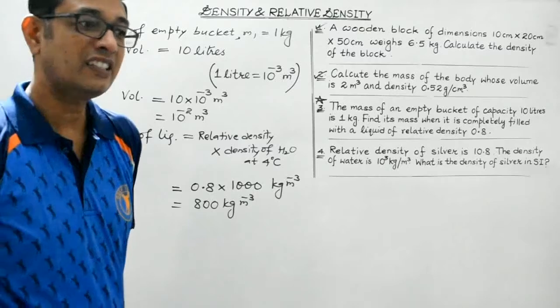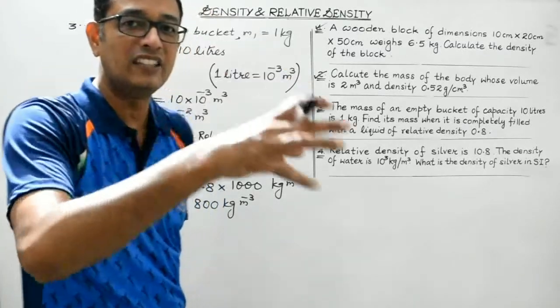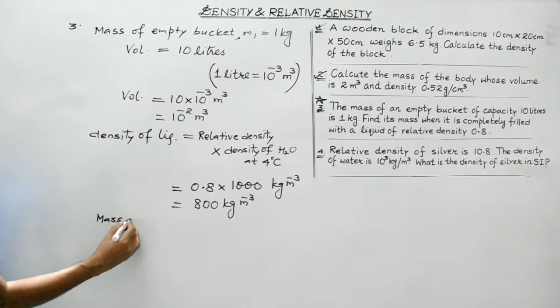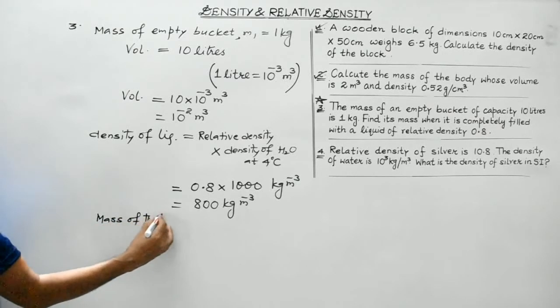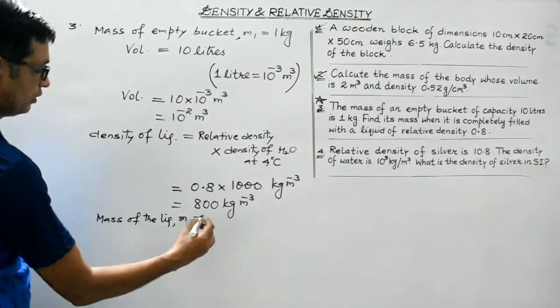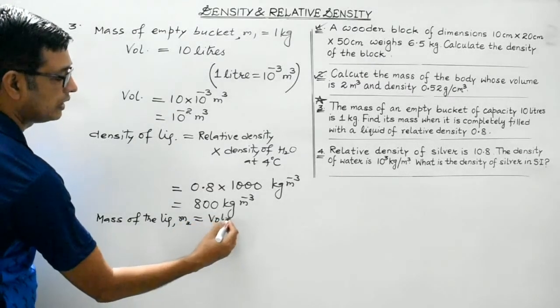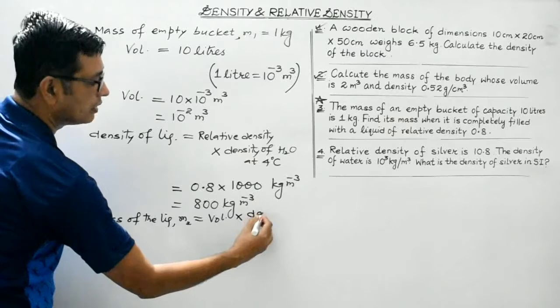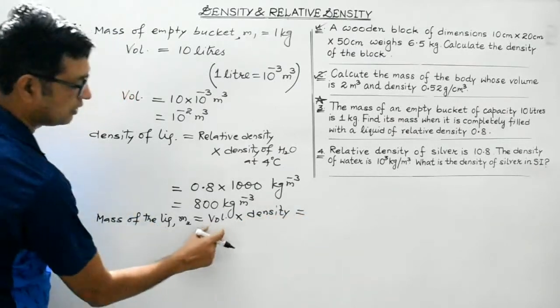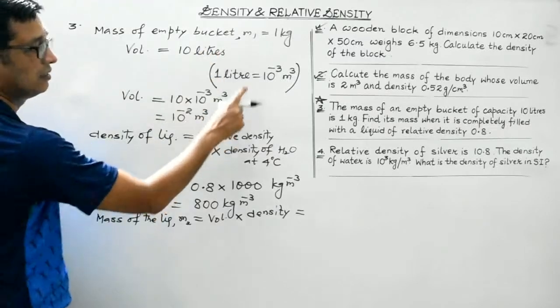So, students, let's calculate the mass of the liquid inside the bucket. Mass of the liquid, say M2, will be equal to volume of the liquid multiplied by density of the liquid, isn't it? So, what is the volume of the liquid stored in the bucket?